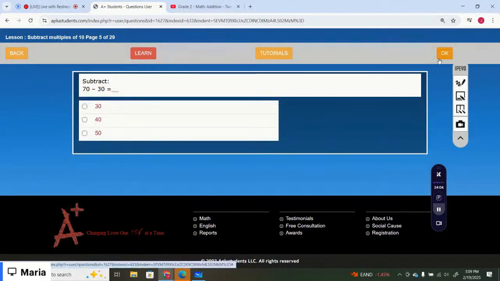70 take away 30, which is the correct option? That is 40.